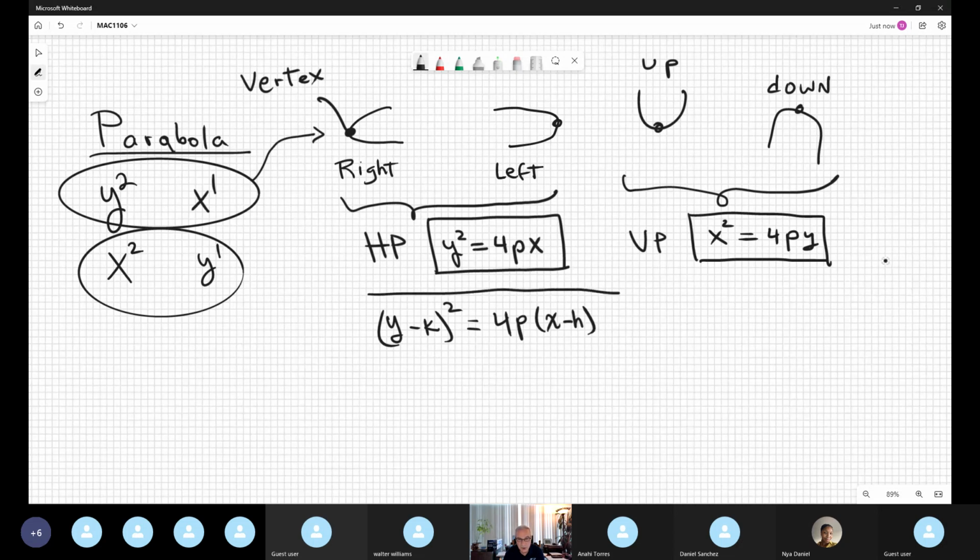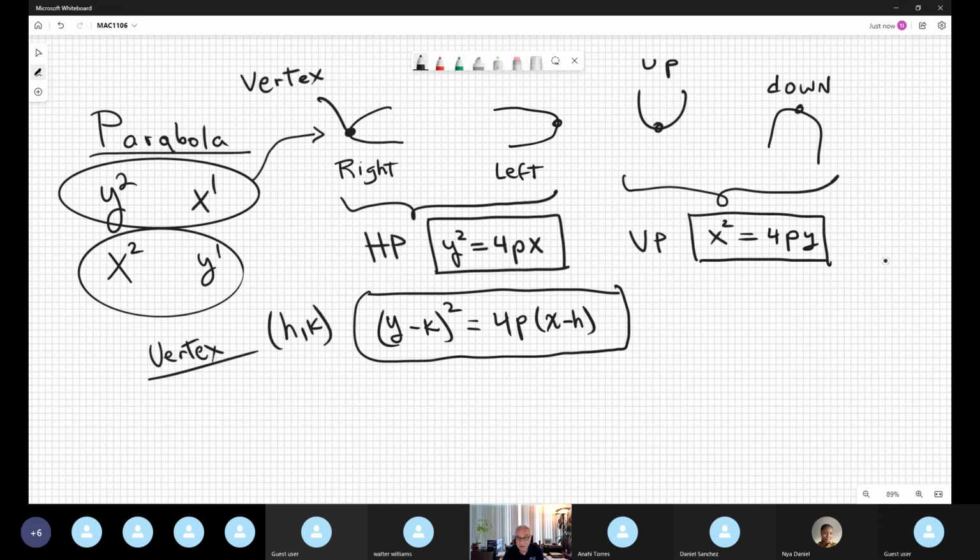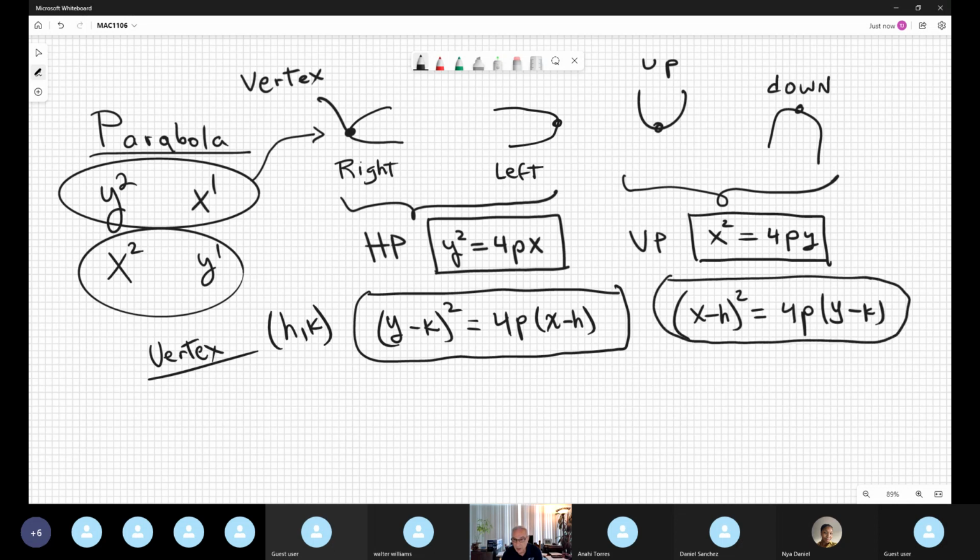This is a more general equation in which the vertex is located at the hypothetical point. We have no center, we have a vertex in the parabola, h, k. And in this scenario, x minus h squared is equal to 4p times y minus k. This is the equation of the vertical parabola.